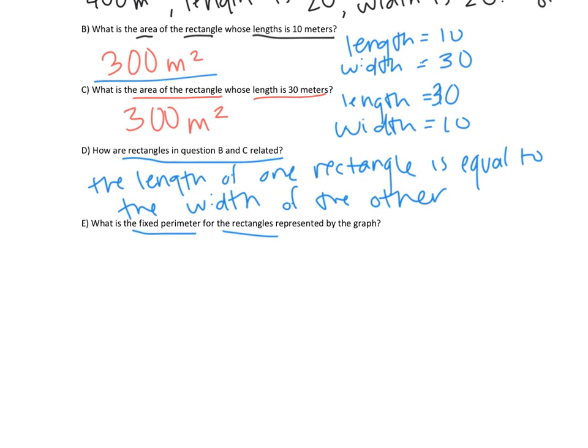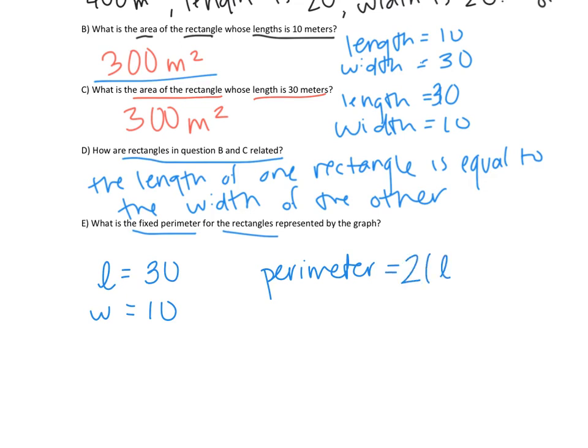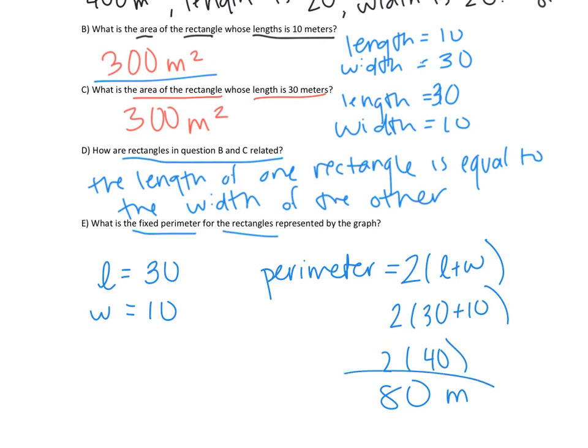If I know that the length is 30 of one rectangle and the width is 10, well, I know perimeter is equal to 2 times length plus width. So we know that the set perimeter would be equal to 80 meters. And that's how I'd be able to show my work.